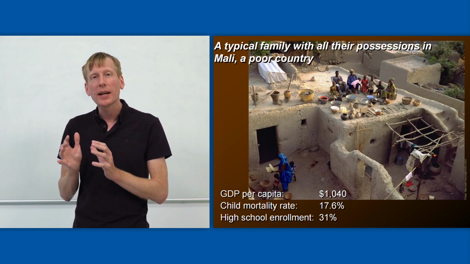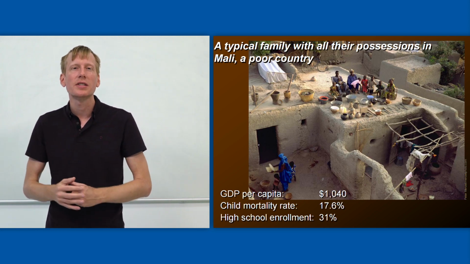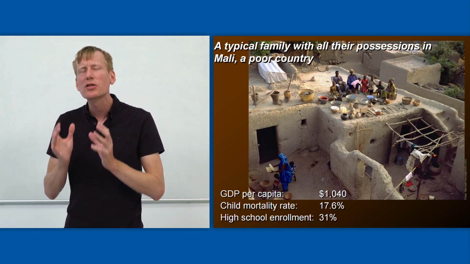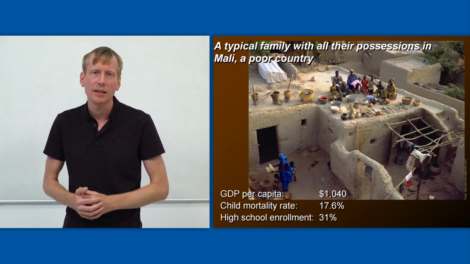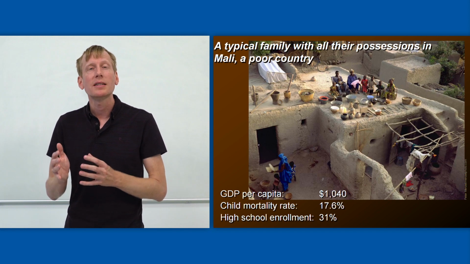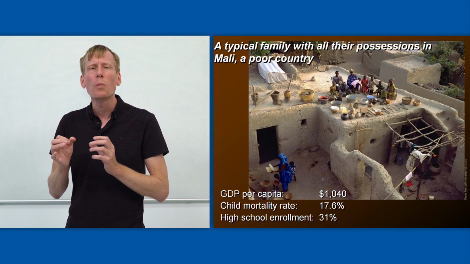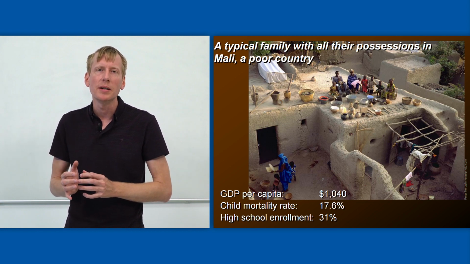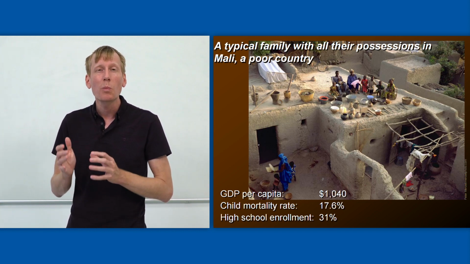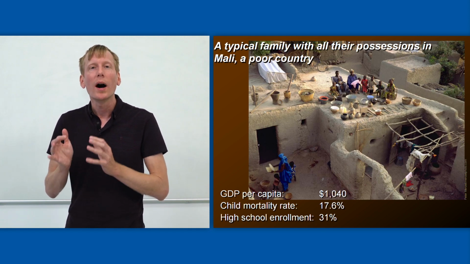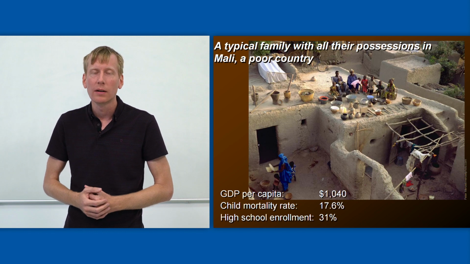Now, given that we have such huge diversity in standard of living across countries, where Mali is so much poorer than Mexico is, even though Mexico is poorer than the United Kingdom is, and because Mali is so much poorer than Mexico is, children in Mali are so much less likely to survive to the age of 5. Why is it that Mali is so poor?